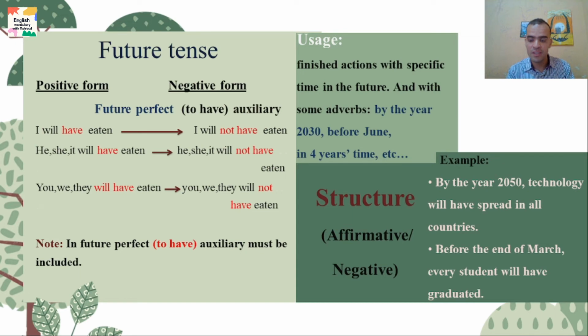But the teller of this information knows that before the end of March, every student will have graduated. So he already knows the action. That's why we call it finished actions. We're talking about things that will happen in the future, and it's set. It's ready to happen. So before the end of March, every student will have graduated. I hope it's clear through these examples.